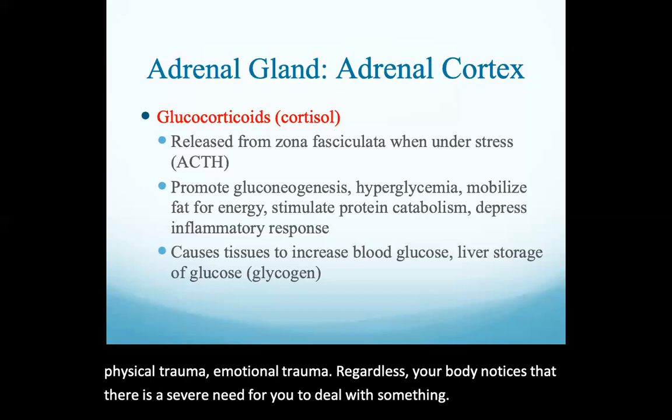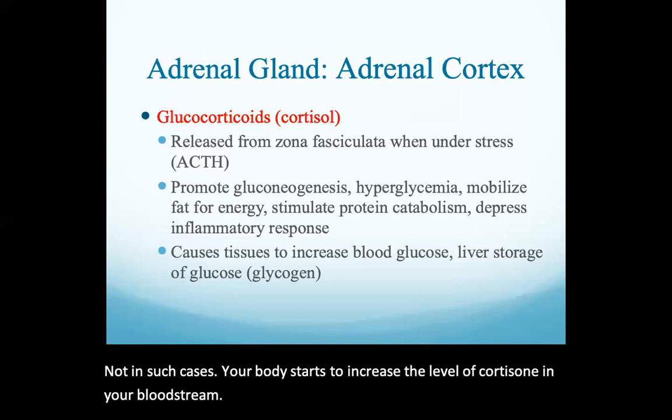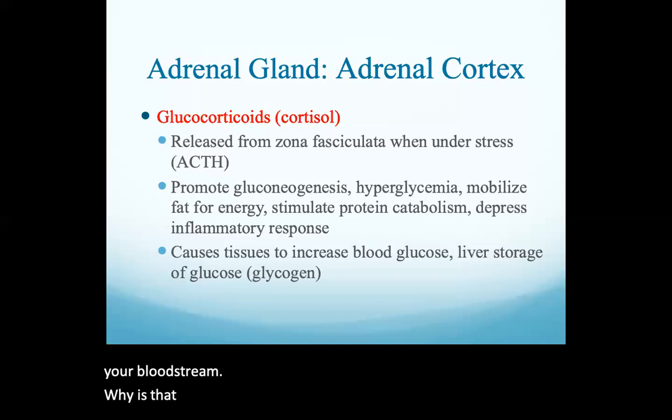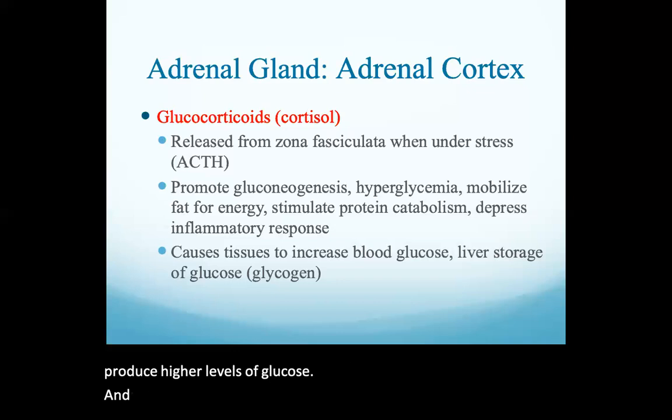Now, in such cases, your body starts to increase the level of cortisol in your bloodstream. Why is that important? It helps you produce glucose, so it promotes a process called gluconeogenesis, which basically helps your body produce higher levels of glucose and increases your blood glucose.